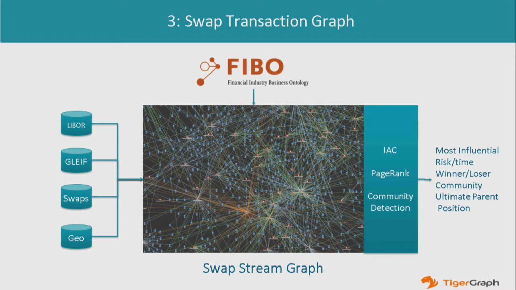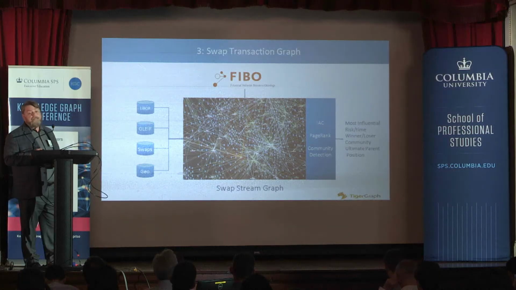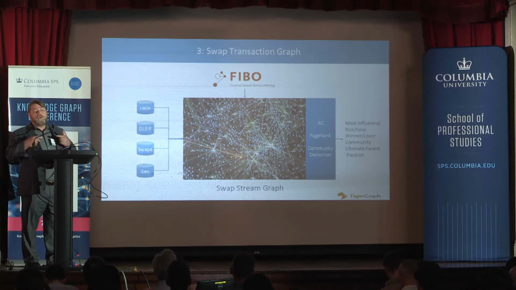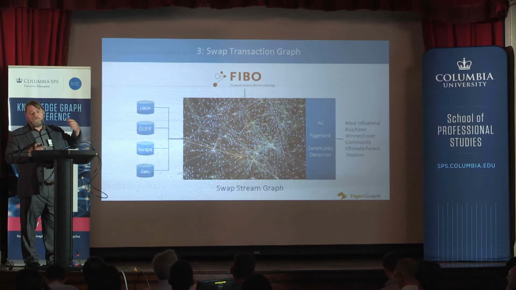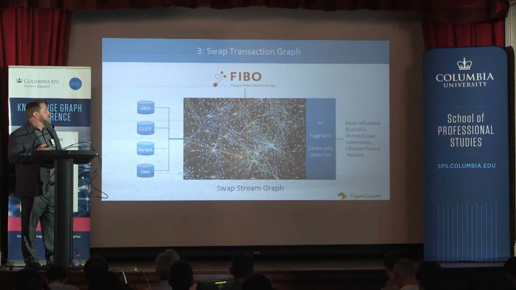And the other is building an IAC network where you can go to any bank in the network and see what the risk contribution is from anybody else in the network, which is what I did for the cybersecurity.